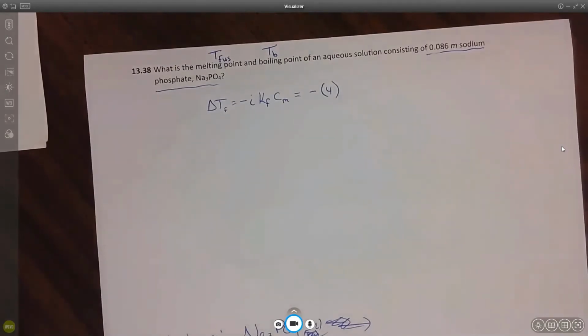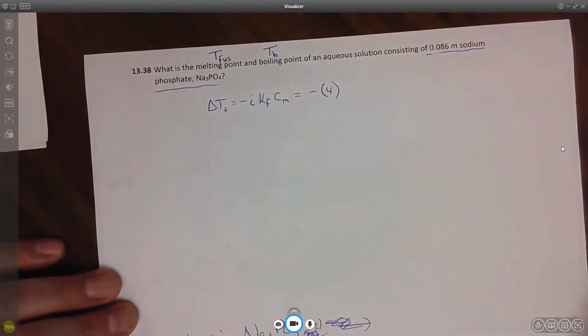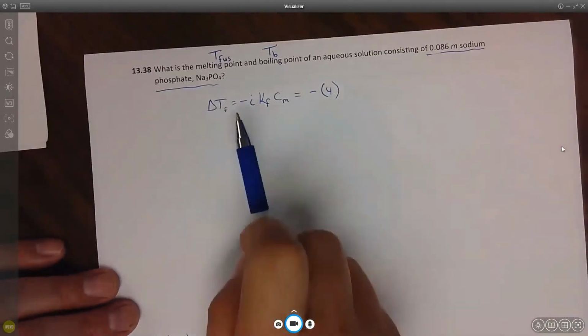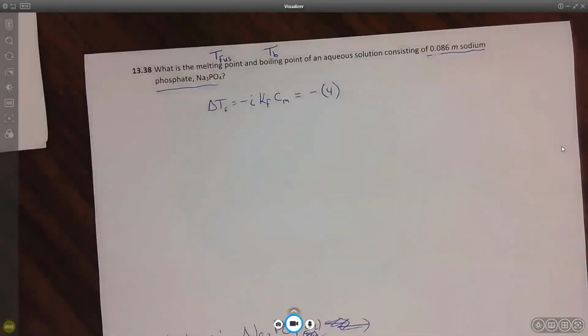Katrin, what about this Kf? Isn't that something we'd have to look up? Okay, so I'm going to look that up in a table. I'll find the freezing point depression constant table. And then when I look at that table, sorry, let me pull out the table.